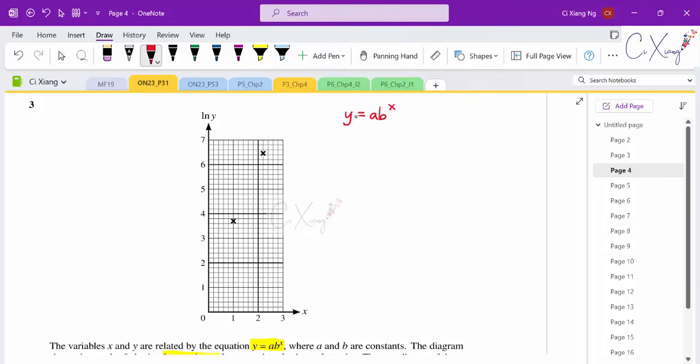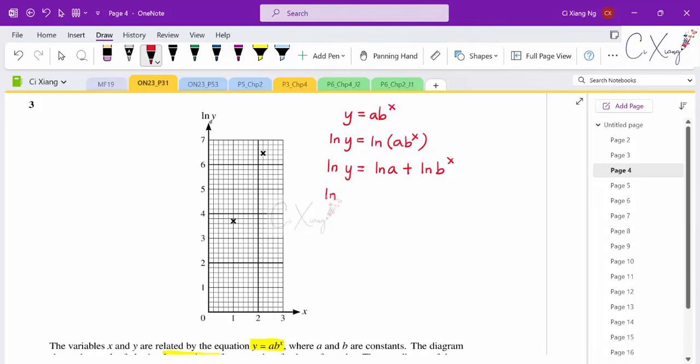All right, then to change it to become ln y, maybe I can consider taking ln on both sides. So I'm having ln y equals ln of ab power x. By using a little bit of the properties of the logarithmic function, you can actually separate it to become ln a, then plus ln b power x.